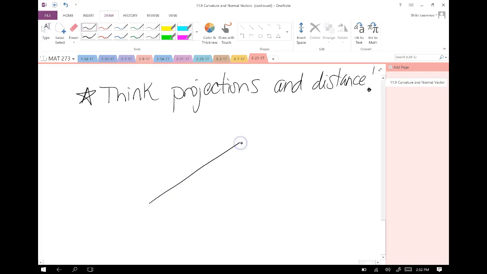So here's my acceleration vector. Here's my unit tangent vector. Here is my principal unit normal vector.